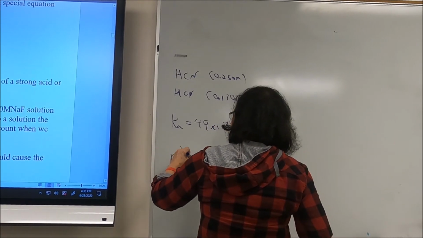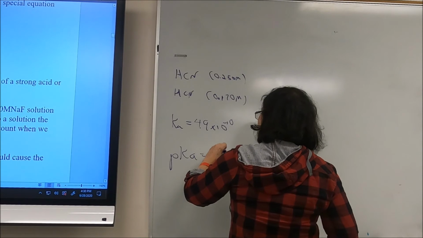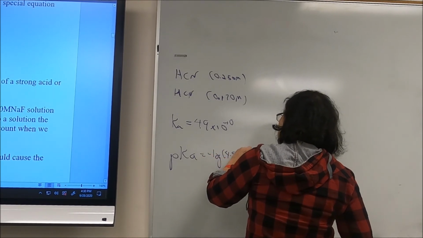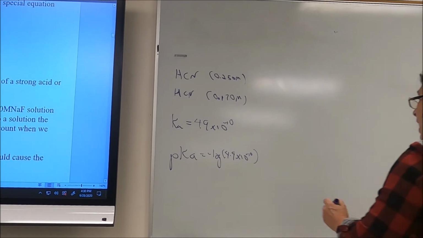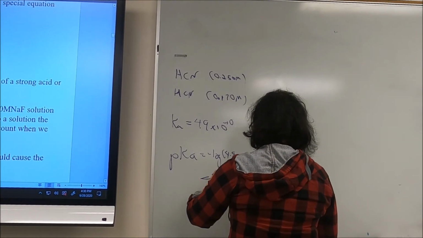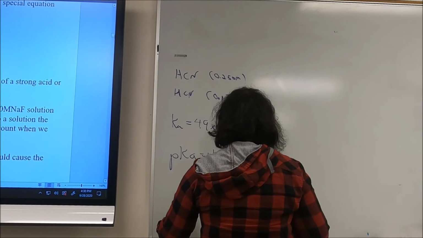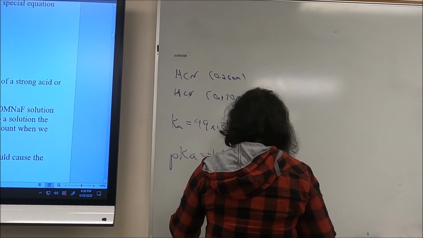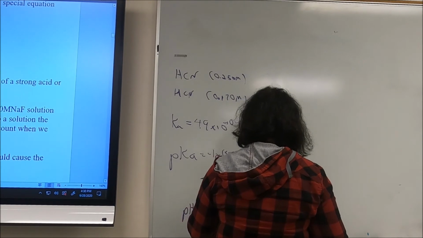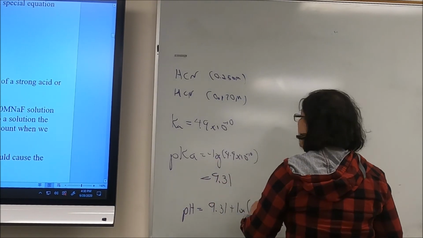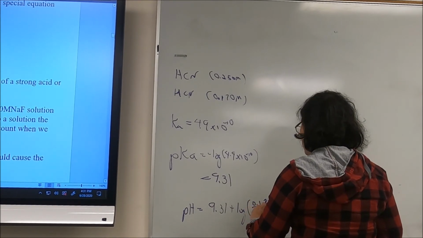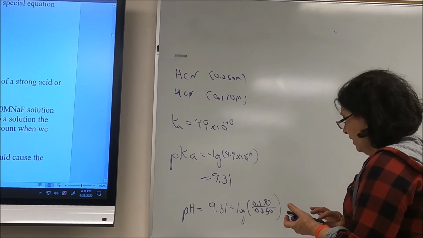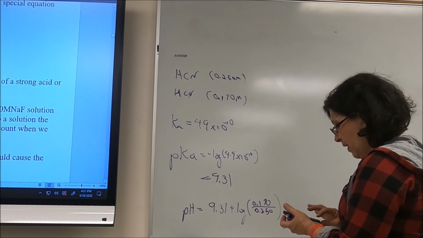The Ka for our acid is 4.9 times 10 to the minus 10. Now, we need pKa. It's a negative log, 4.9 times 10 to the minus 10. So that's 9.31. Okay? So pH here is going to be 9.31 plus the log of our base concentration, 0.170, over our acid, 0.250. 0.170 divided by 0.250.